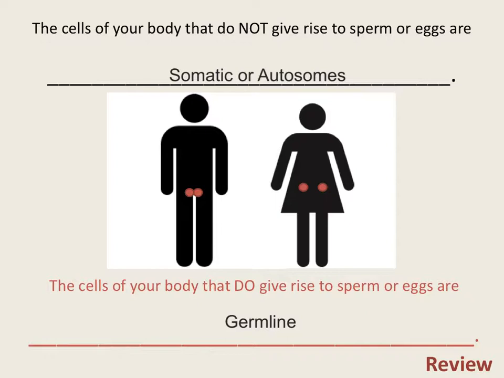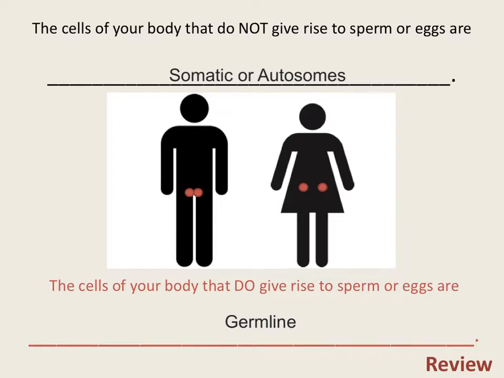So if there's a mutation in the somatic cells, can that be passed on to offspring? No. Okay. You can certainly have mutations in somatic cells. If they're bad mutations, then you might end up with cancer, right?